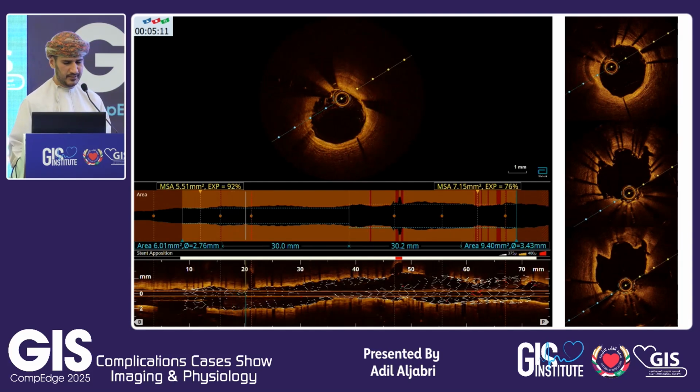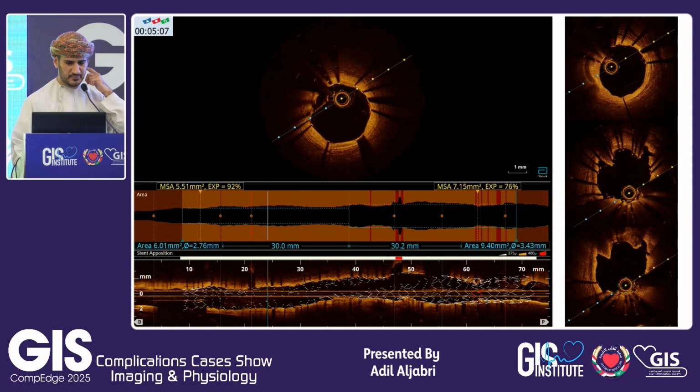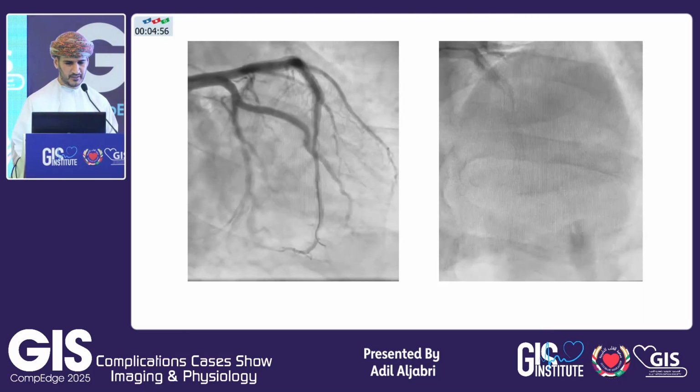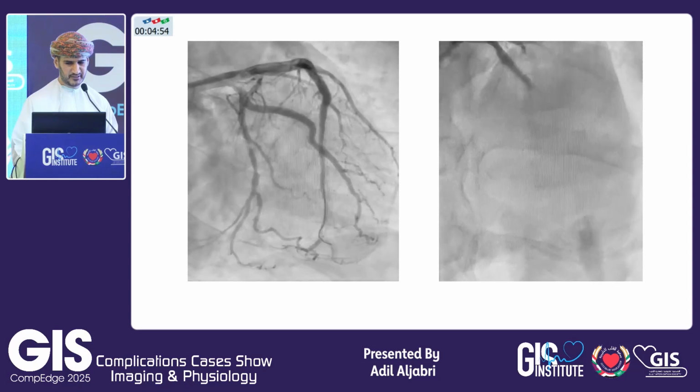And as we can see here, the stent was really well expanded, more than 90%, with no evidence of any major dissection in the proximal or distal segment. And this is the final angiographic result.